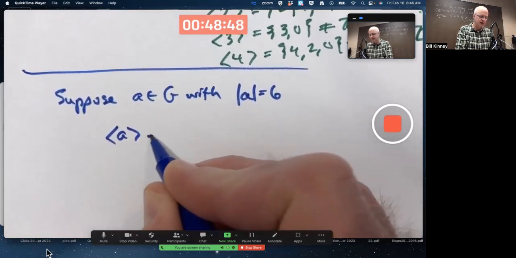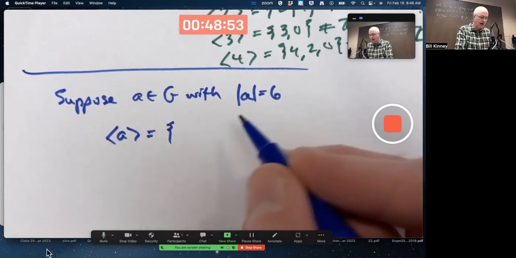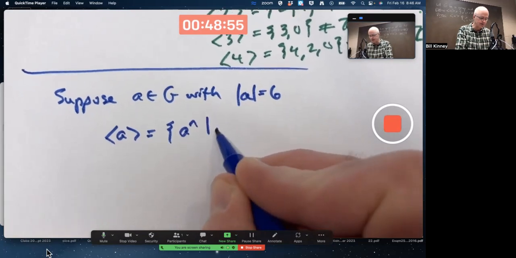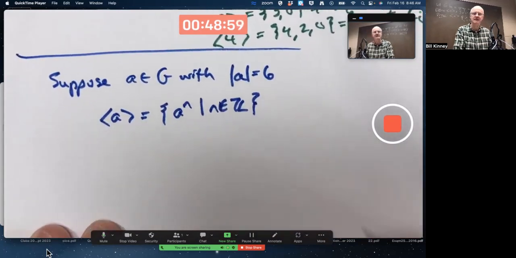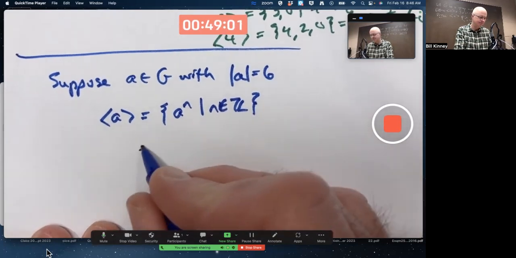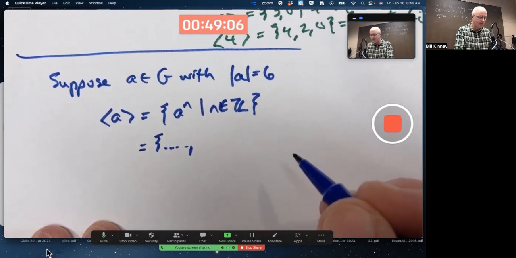The cyclic subgroup generated by A could be written always in this way, first of all. Seemingly, it could be an infinite set because Z is infinite. And n, by the way, can be a negative number.